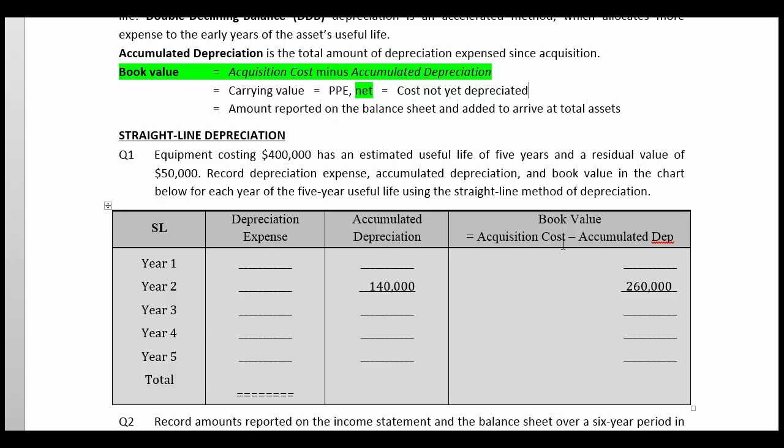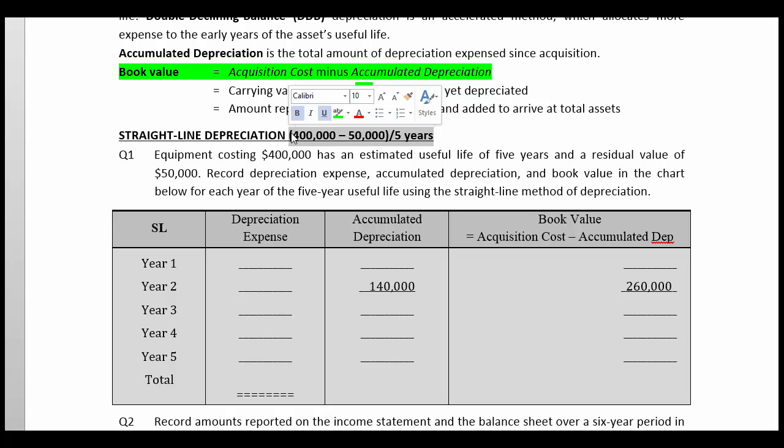So your annual depreciation expense here is going to be equal to $400,000 minus the residual value, which would be your depreciable base, divided by the useful life of 5 years, like so.